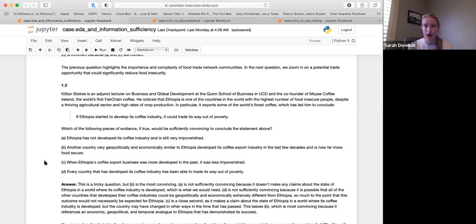It could trade its way out of poverty, because we don't know anything about every country. Just saying every country that has done this has been able to trade its way out of poverty doesn't necessarily mean that those countries were similar to Ethiopia in terms of the amount of arable land they have, their economic size, trade agreements, all of those different factors.